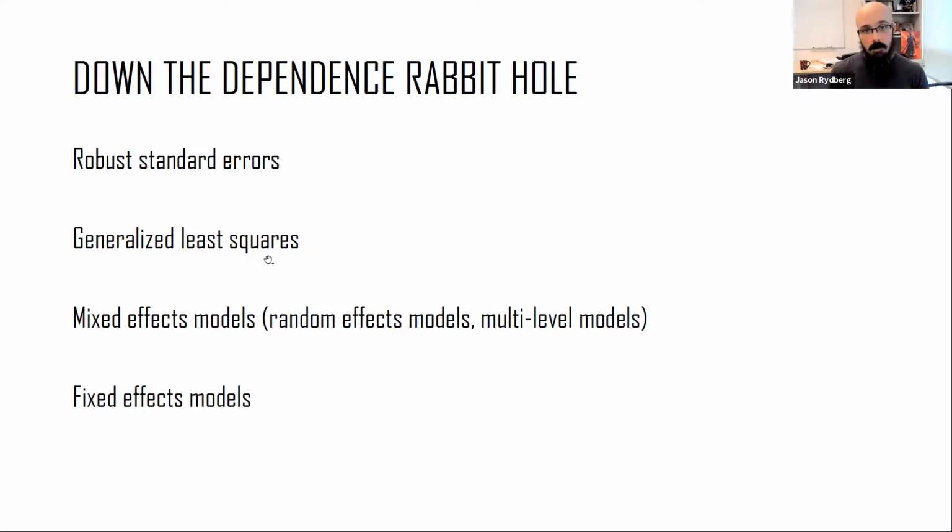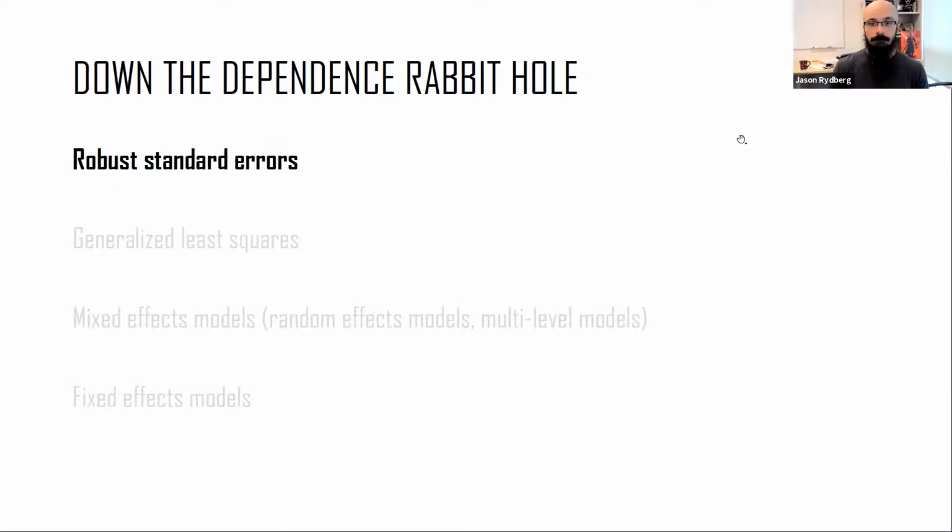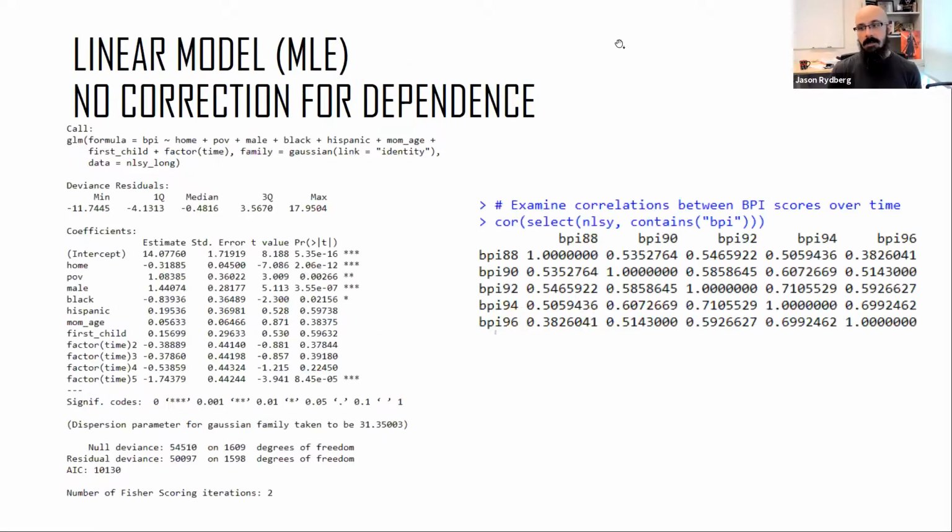And then generalized least squares, which says, let's think about what that dependent structure looks like and try to incorporate that information into our model. It turns out we could actually use both of these at the same time, but let's talk about them in order. So first, robust standard errors are kind of the Advil of dealing with unobserved heterogeneity.